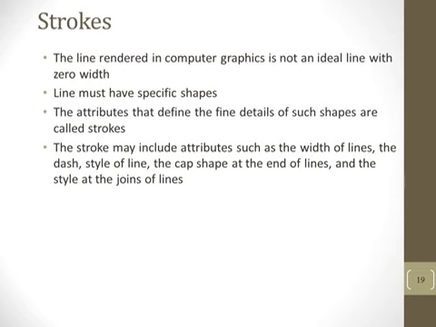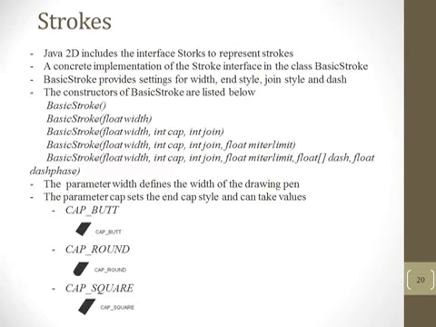As we can see here, the intersection of two straight lines will be as shown. JOIN_MITER, which means we elongate the two lines to intersect at a point, and JOIN_ROUND, to make a round shape at the intersection.